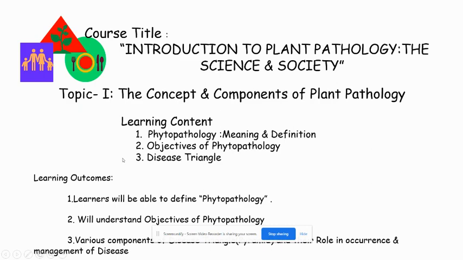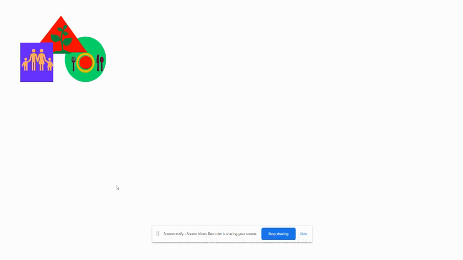After completing this module, you will be able to define phytopathology, you will understand objectives of phytopathology, and you will also know the role and importance of components of disease triangle or disease pyramid.